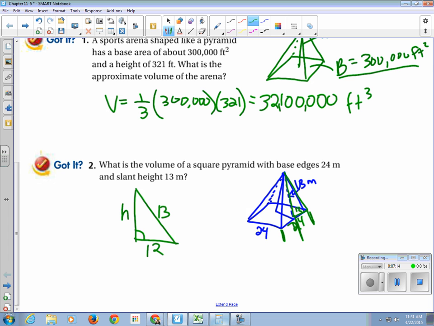So I'm going to go h squared plus 12 squared equals 13 squared. H squared is equal to 13 squared minus 12 squared. 169 minus 144.